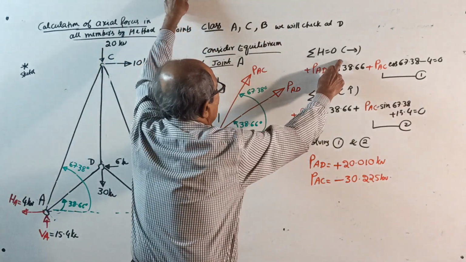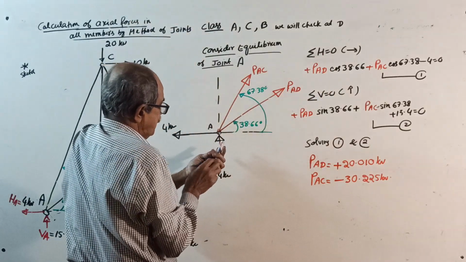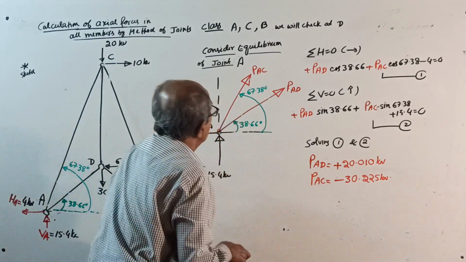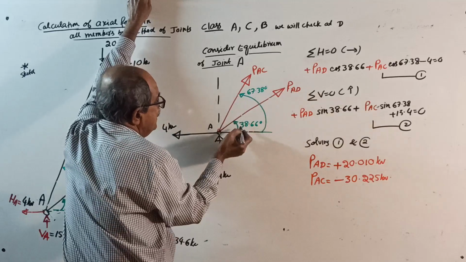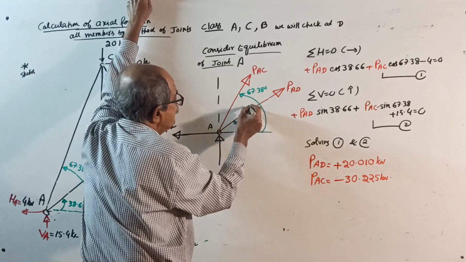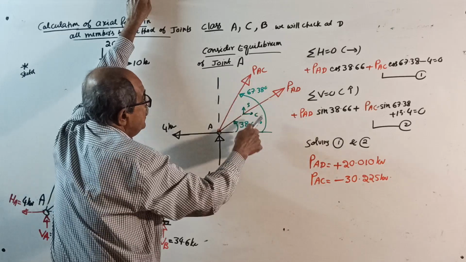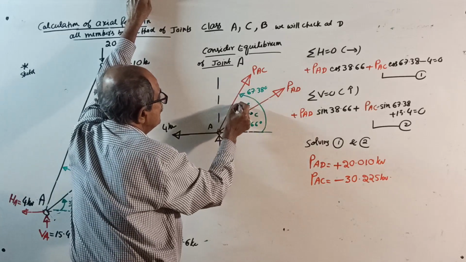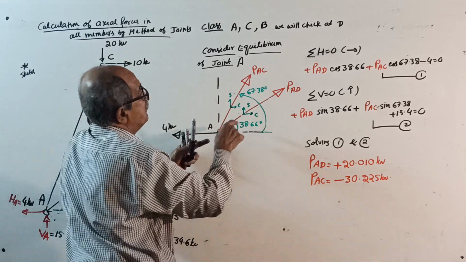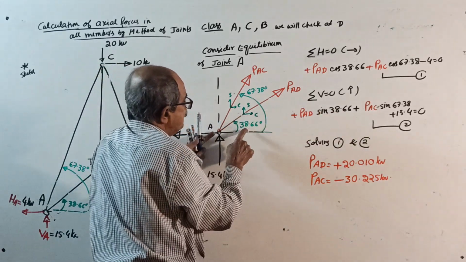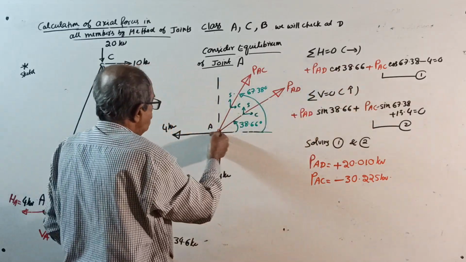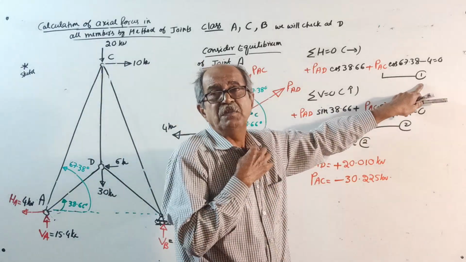Okay, start. Sigma H equal to 0. Resolving, for PAD, 38.66, cos and sine. For PAC, 67.38, cos and sine. Sigma H equal to 0: plus PAD cos 38.66 plus PAC cos 67.38 minus 4 equal to 0, equation number 1.